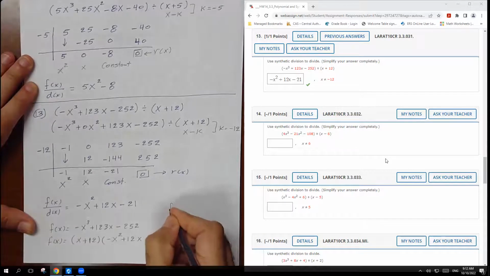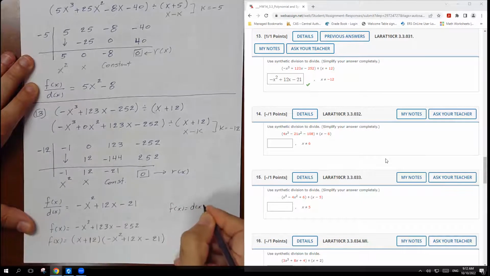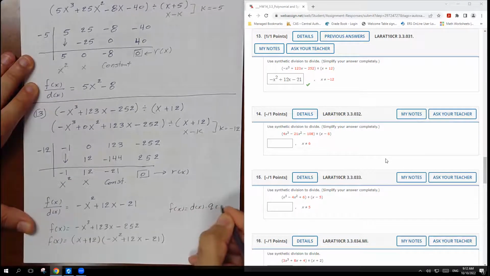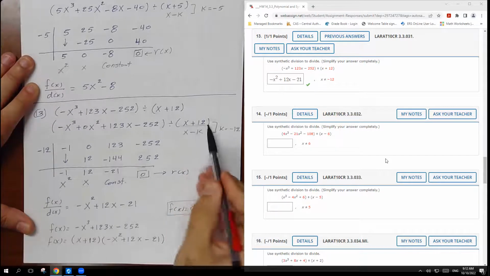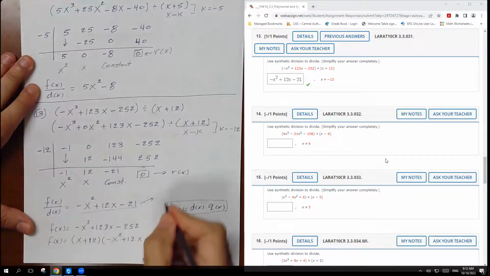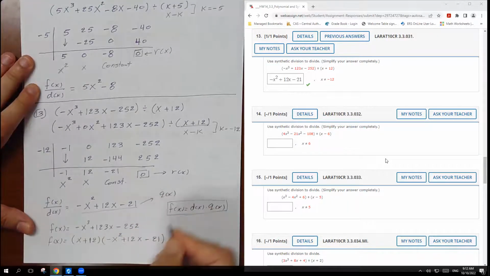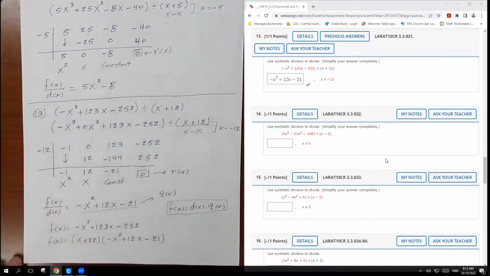So f of x is going to be d of x times q of x as a factor. If you multiply these, you're going to go back to the f of x.